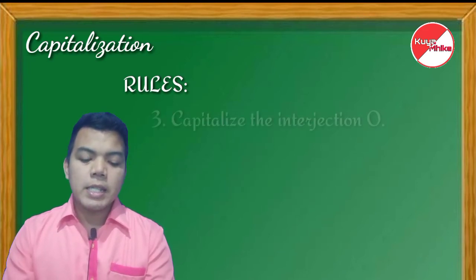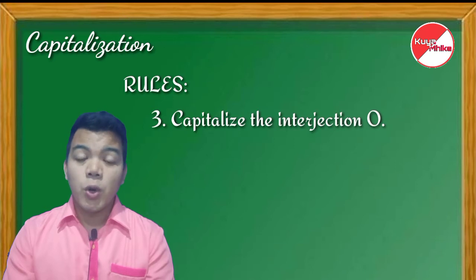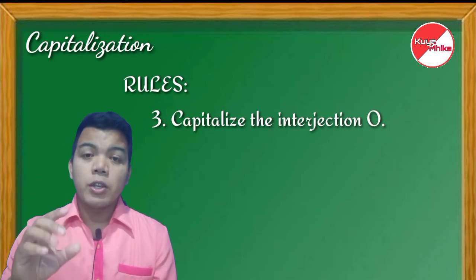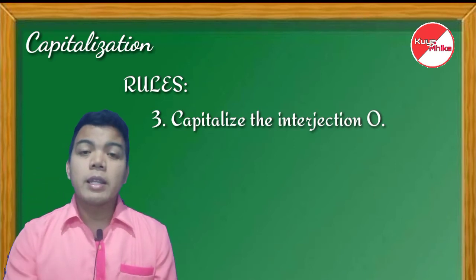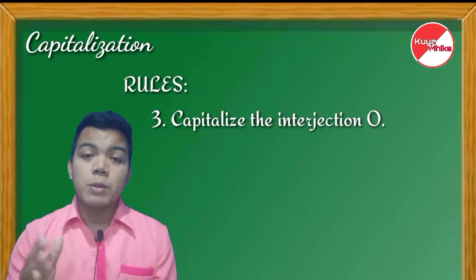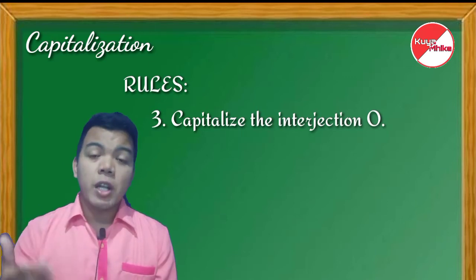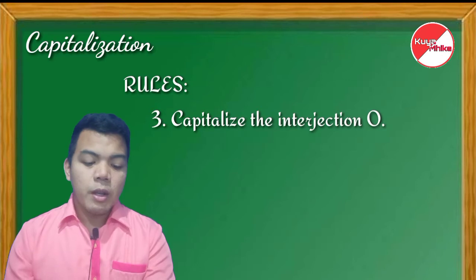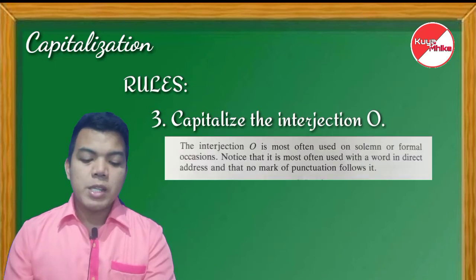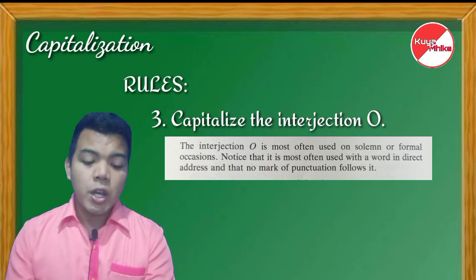Next is capitalize the interjection O. Yung mismong letter O, kailangan nating i-capitalize siya in terms of special situation. For example, the interjection O is most often used on solemn or formal occasions.